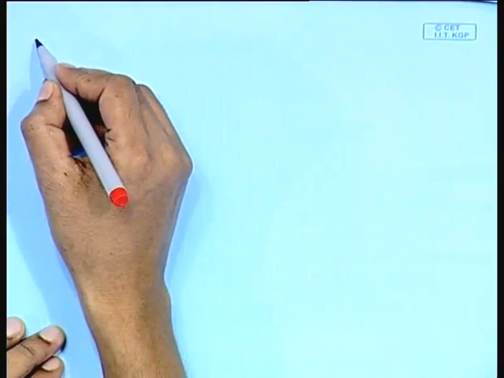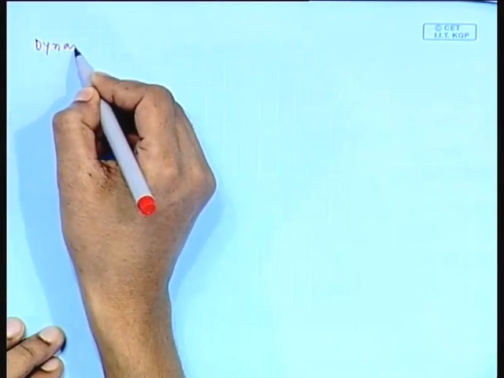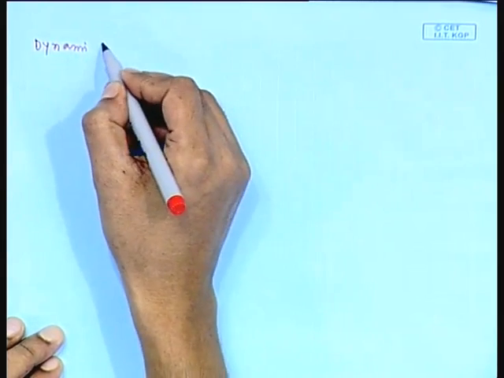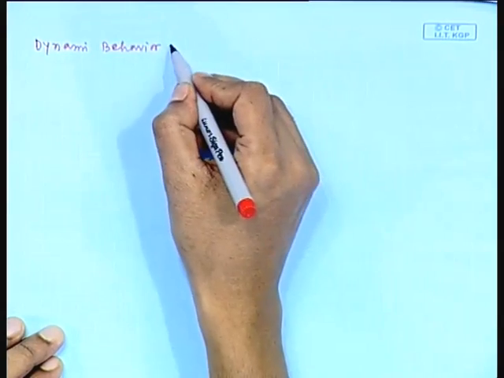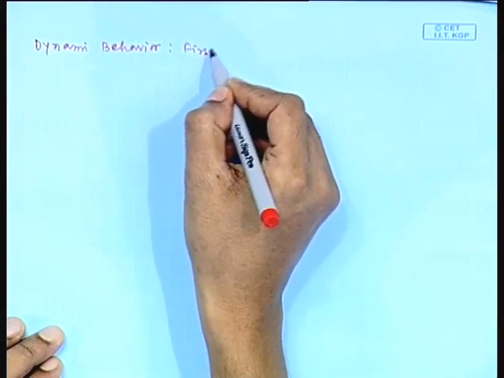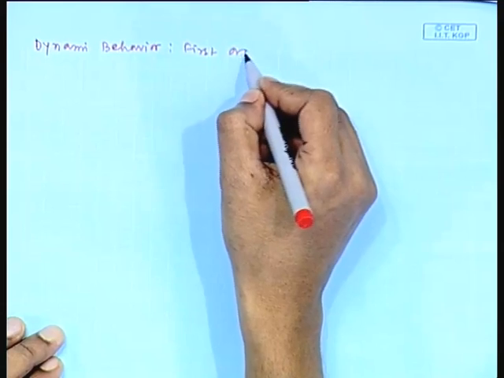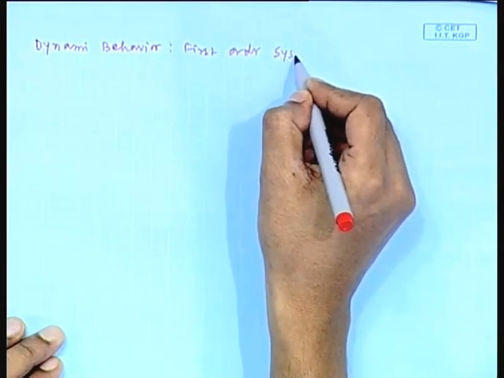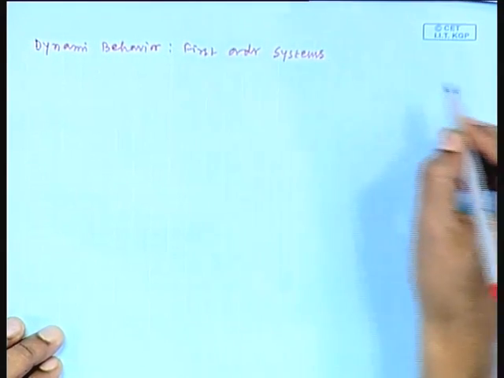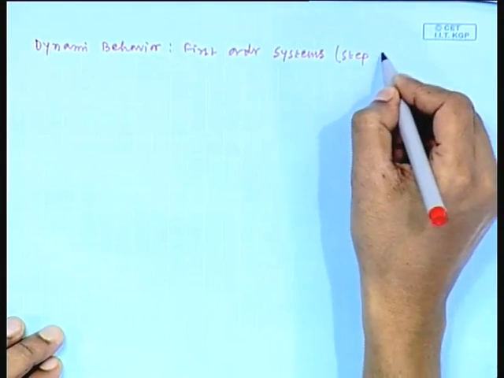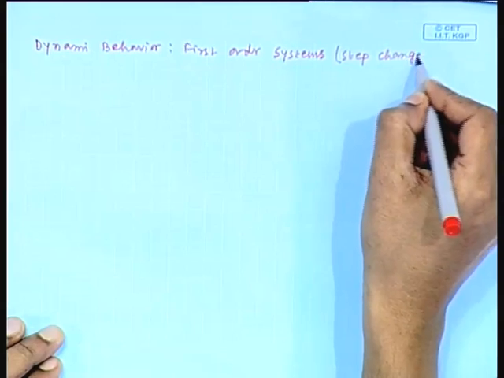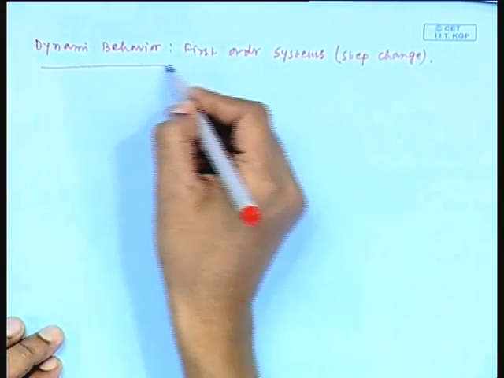Fine. Anyway, next we will consider another dynamic study, that is the dynamics of first order system considering step change. Previously we have considered ramp change. So, now we will discuss dynamic behavior of first order systems considering step change.